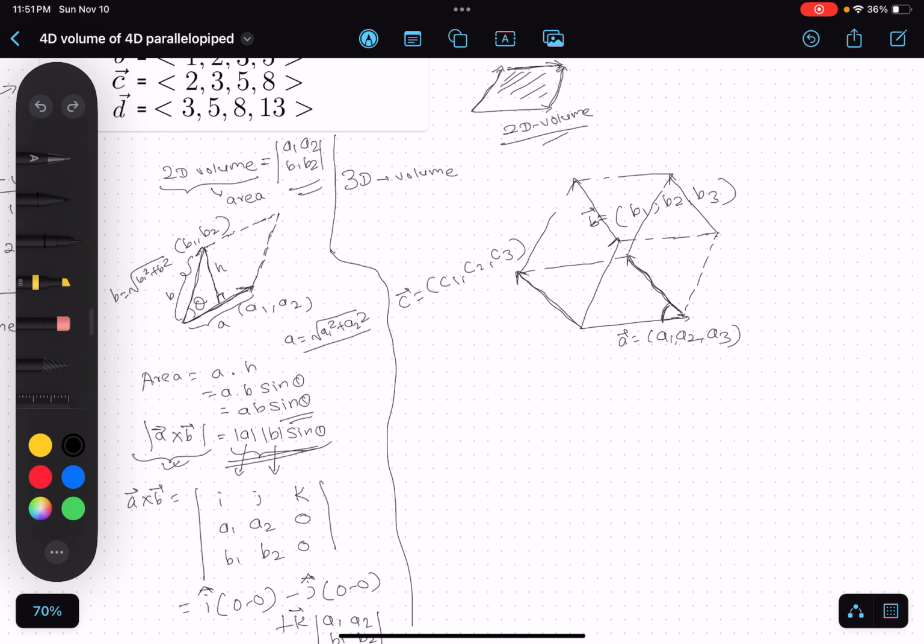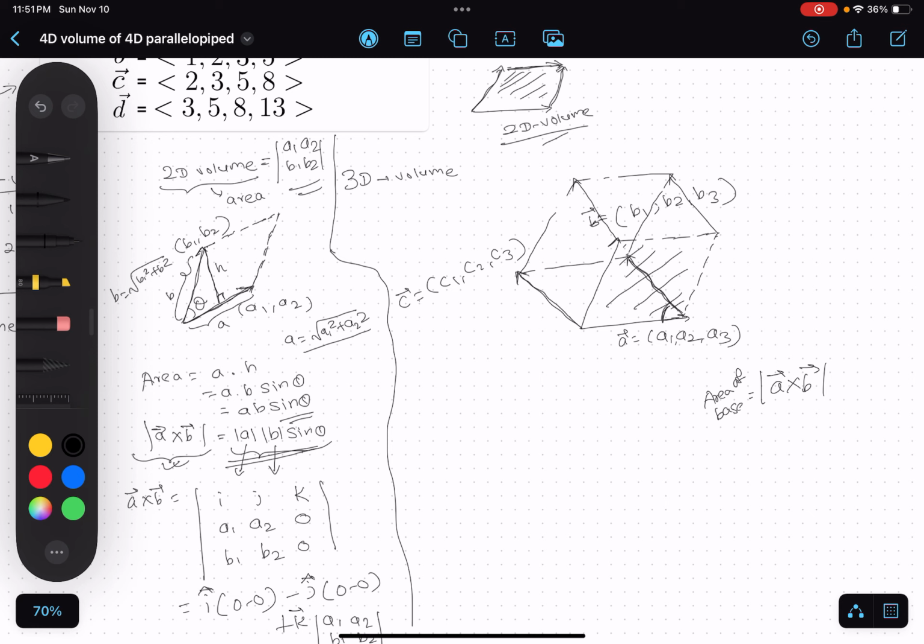Now how do you find the volume of a parallelepiped? Usually for volume, if we find the area of the base, which we know we can find by finding a cross b, the magnitude of a cross b will be the area of the base, right?